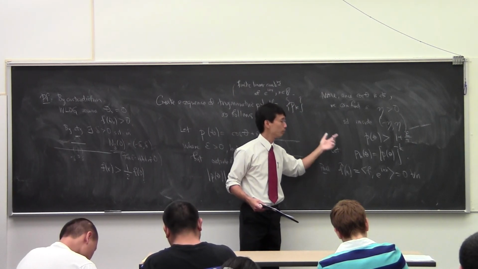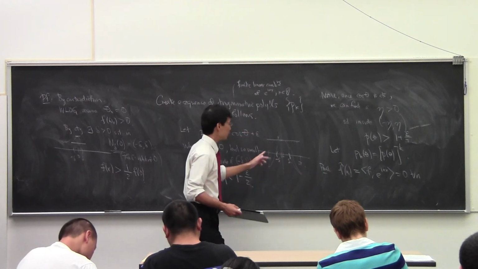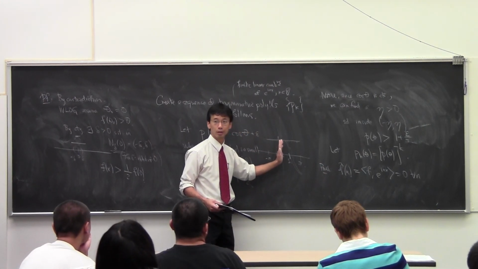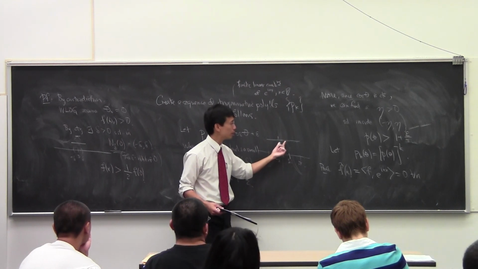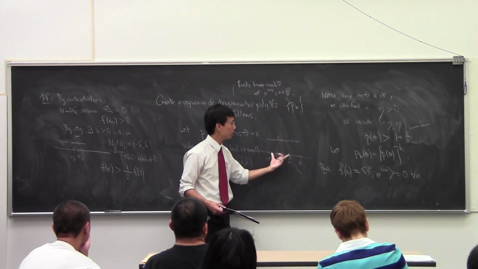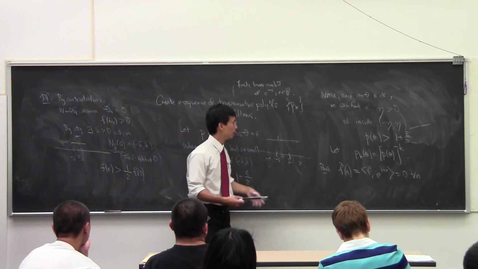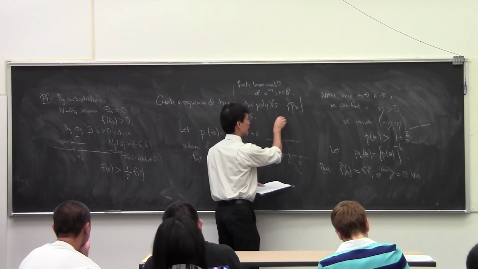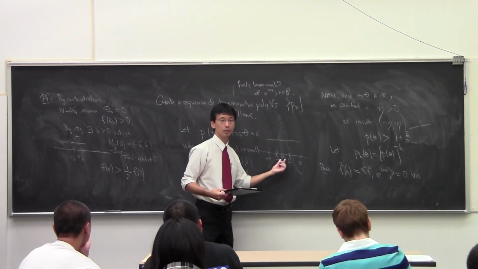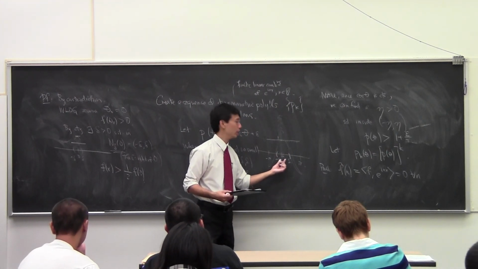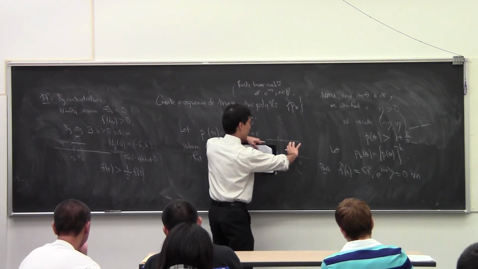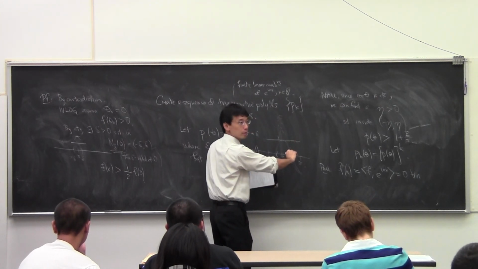But what we've done is create a sequence of trigonometric polynomials where, as you take these powers, the function starts heading towards infinity in the eta neighborhood, and outside the delta neighborhood, it shrinks down to 0.